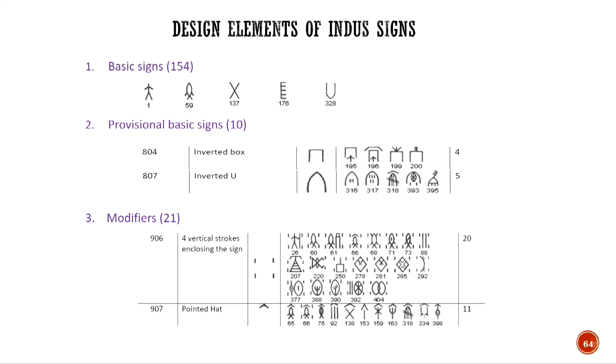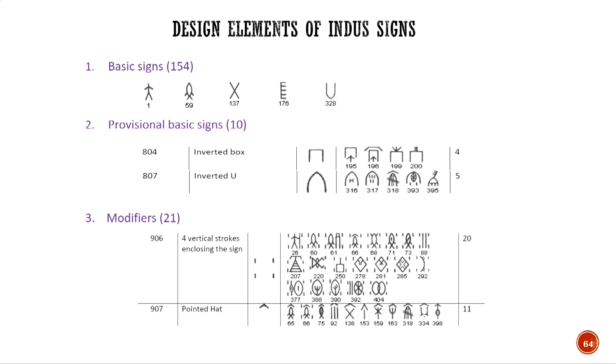We identified 154 basic signs, which were the simplest forms of the signs that we could identify in the sign list. There were also certain provisional basic signs. These did not have an independent occurrence in the sign list, but they appeared very often in the design of several other Indus signs.